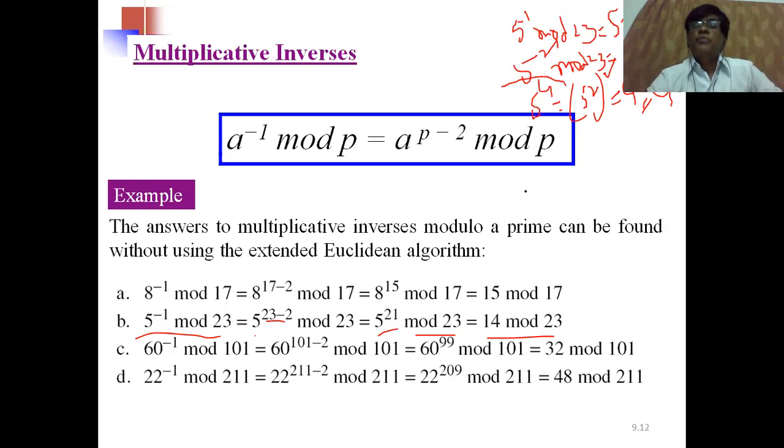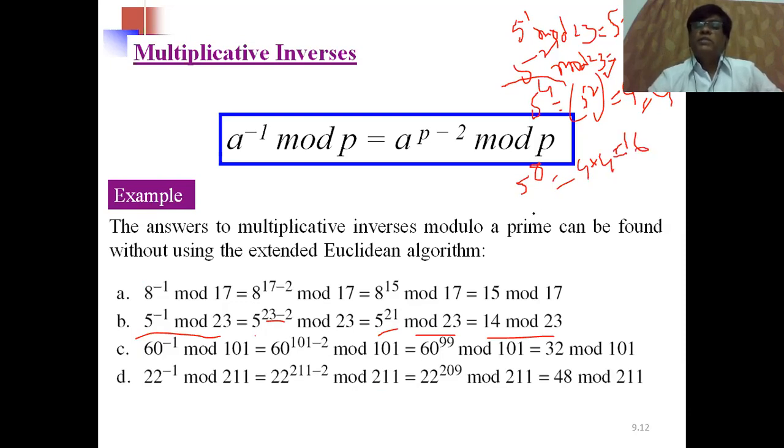Now 5 to the power of 8 is equal to, already we have the 5 to the power of 4 value is 4. That's why put this 4 into 4 mod 23, that means 16. This is equal to 16 mod 23.